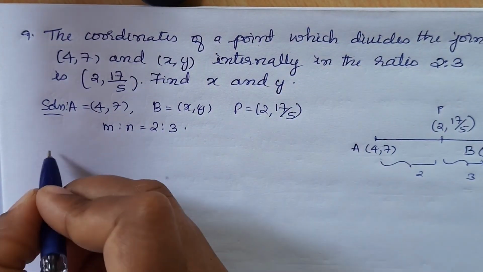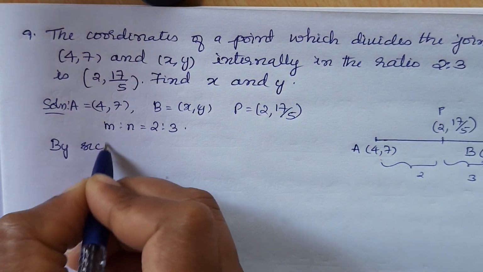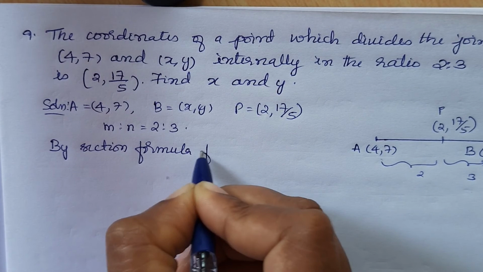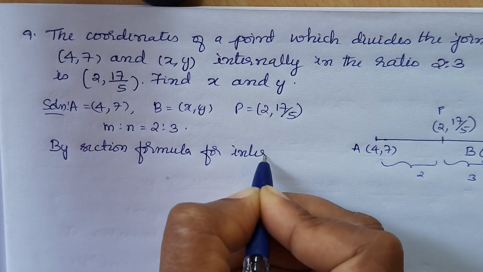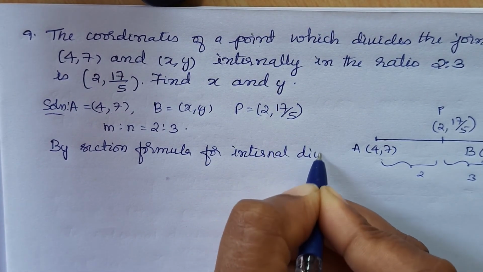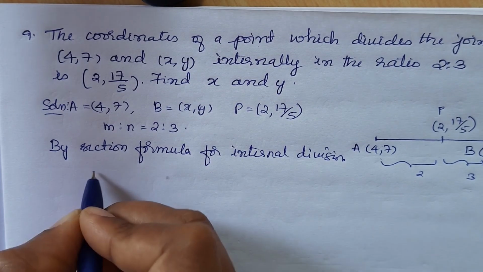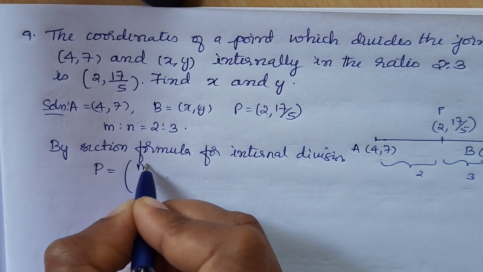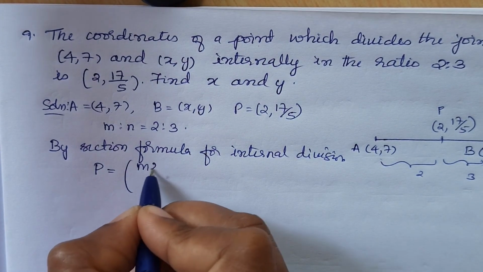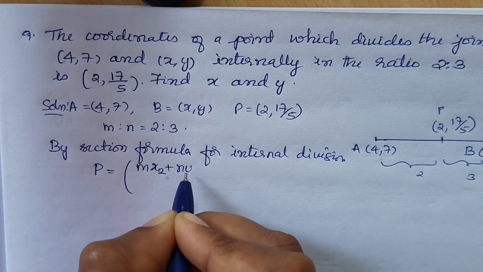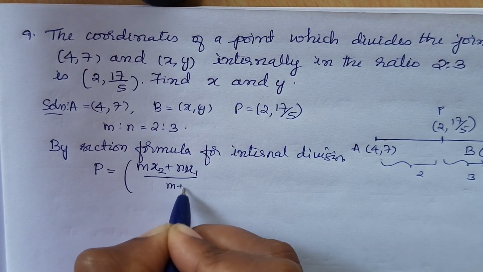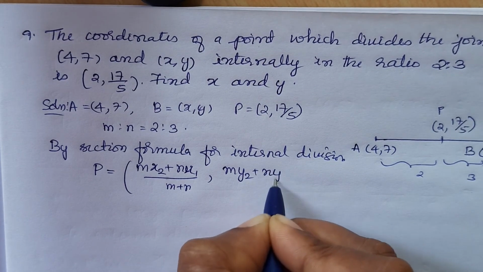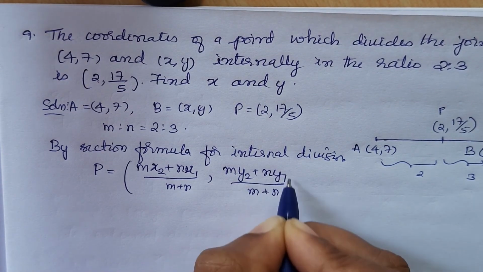Because it is internal division, by the section formula for internal division, the point P which divides internally is equal to m x2 plus n x1 divided by m plus n, comma, m y2 plus n y1 divided by m plus n.